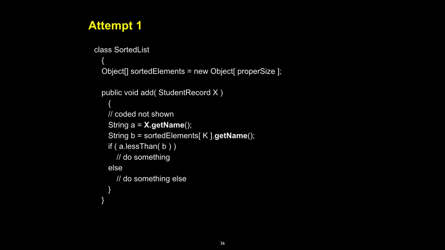So one way is I can create my sorted list, using object instead of generic. But then when I actually add something, I need to know where it goes to make it sorted. So how do I know that?